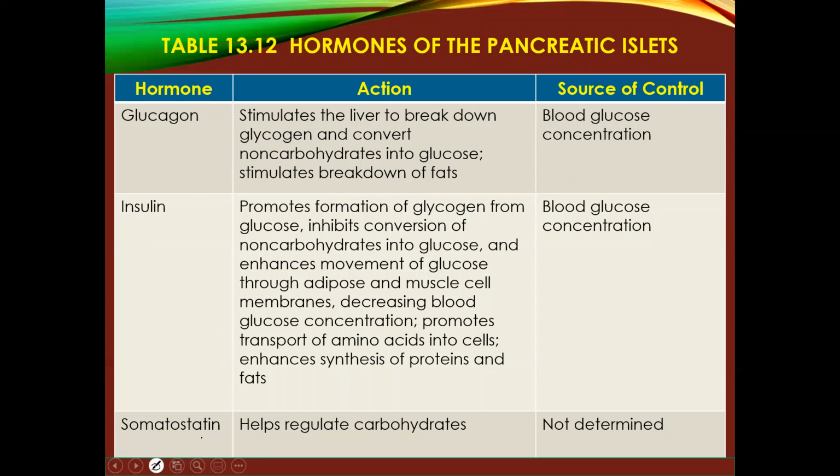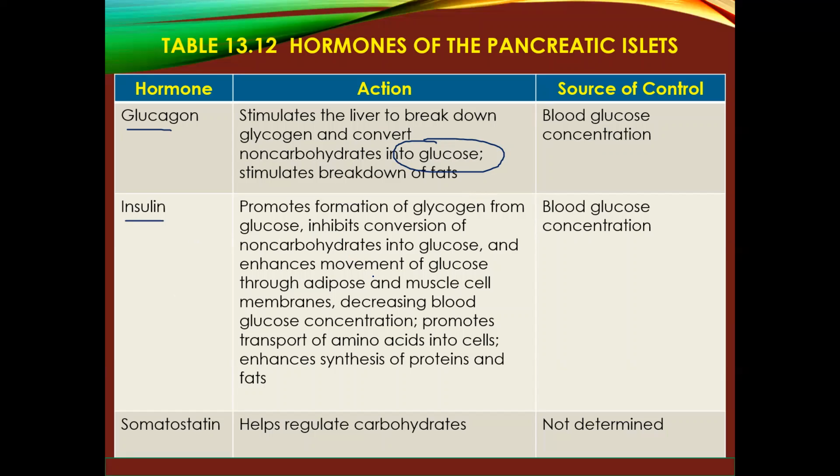Now the functions of glucagon. Glucagon will increase glucose levels in the blood. If, for example, we are fasting, we don't eat and we don't take in a lot of glucose, then glucagon will be produced in order to increase the glucose level. Insulin is the opposite of glucagon.